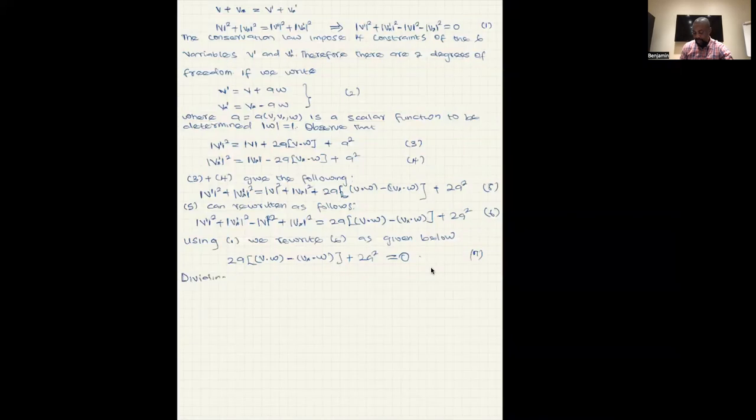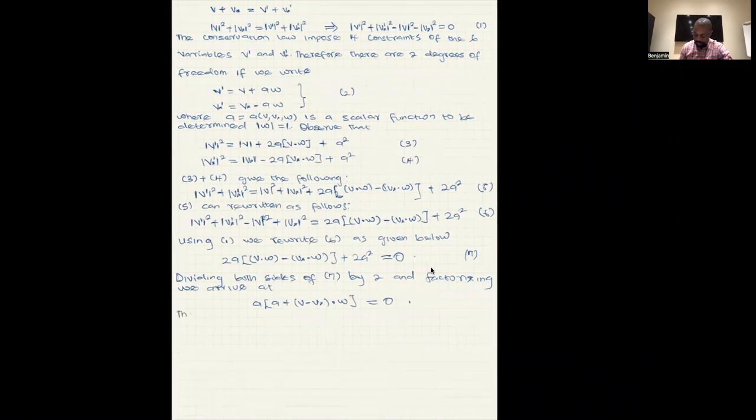Dividing both sides of 7 by 2 and factorizing, we arrive at A times A plus v minus v star dot omega is equal to 0.